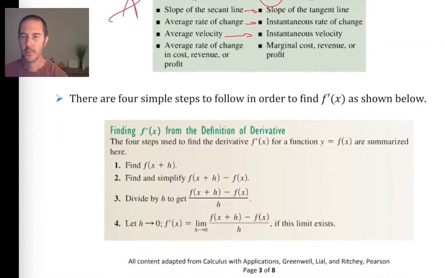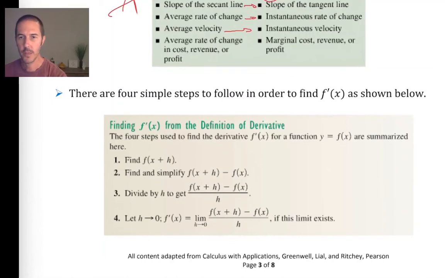The 4 simple steps, if you're the kind of person who likes an outline of the process, this would be valuable to you, and you might want to write this down. The steps for finding the derivative are first to evaluate the first component that we see in the difference quotient, which would be f of x plus h. And then we're going to subtract the original function from f of x plus h.